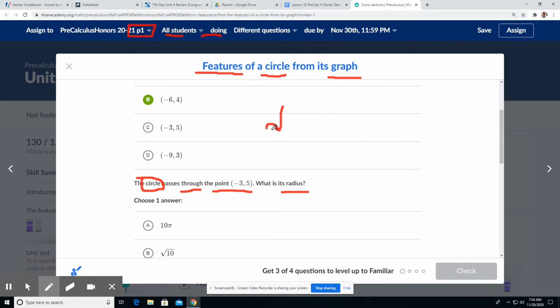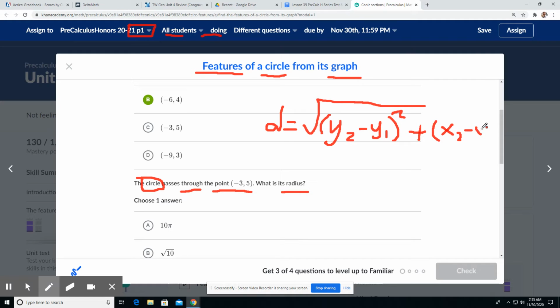The distance is equal to the square root of the change in y's, y2 minus y1, quantity squared, plus the change in x, x2 minus x1, quantity squared, and make sure it's all under the square root sign.